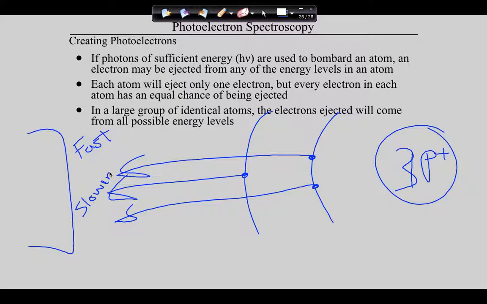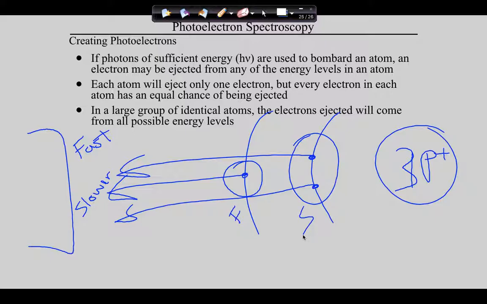Which ones will be the fast electrons? The valence electrons or the core electrons? The valence electrons will be the fast electrons because they're less tightly bound. They're going to come screaming out, and then you're going to get some slower electrons that are coming out of the core. So these will be your fast guys, and these will be your slow guys.